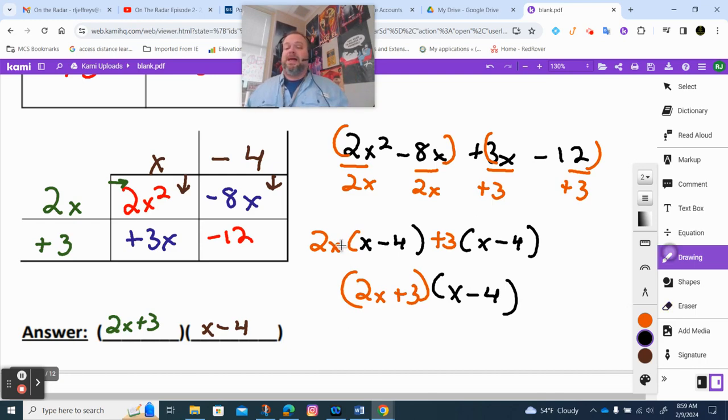If you learned previously to multiply by splitting this and then doing double distributive property, this method is double distributive property backwards. This is the box method of multiplication backwards.